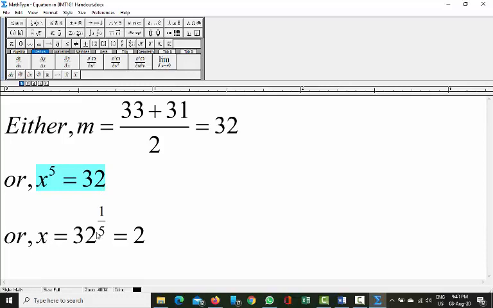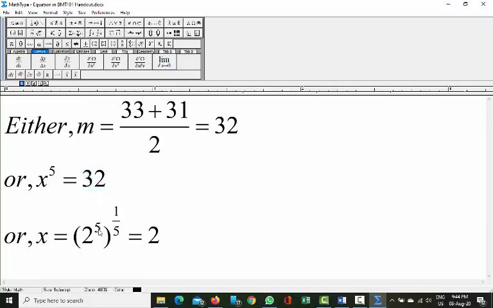So x will be equal to 32 power 1 by 5. If you move this power from the left hand side to the right hand side, we will have 32 power 1 by 5. You know that 32 can be written as 2 power 5.